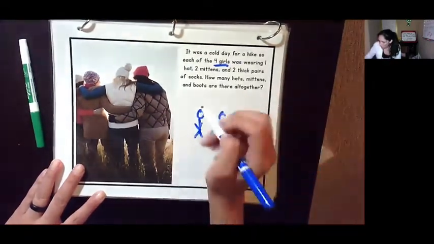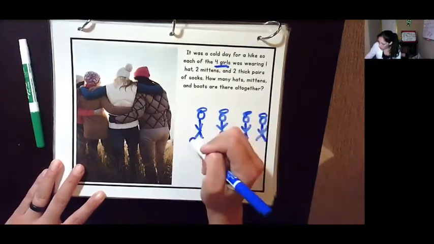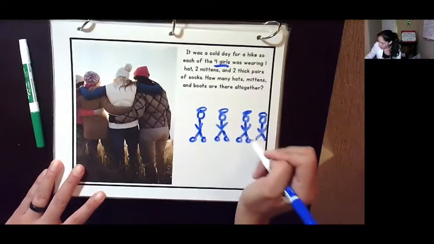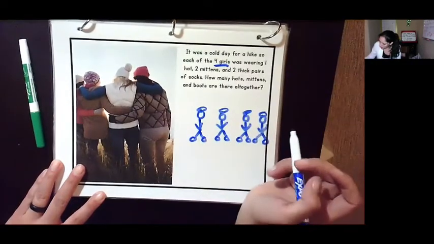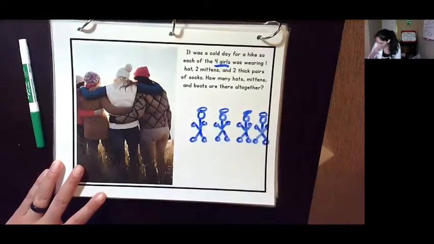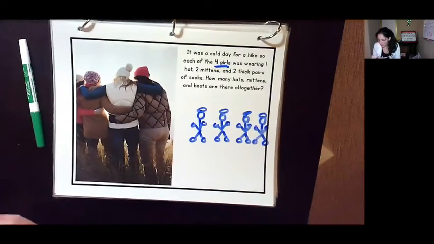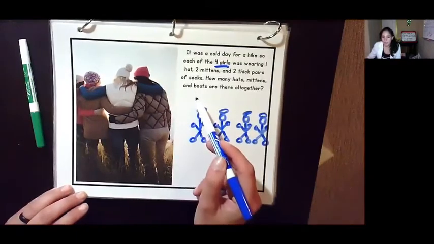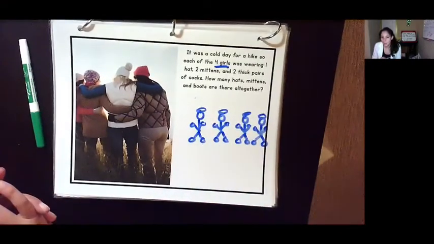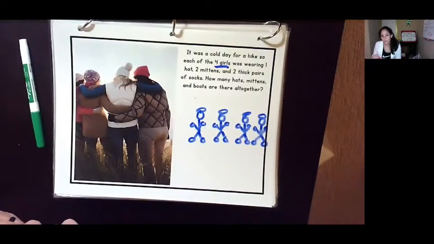Each one was wearing 1 hat, 2 thick pairs of socks each, and 2 mittens. How many hats, mittens, and boots, so I think boots and socks we're going to count as the same thing, are there all together? So I'm going to leave you guys with this. Decide what strategy you want to use to solve it, and knock yourself out.